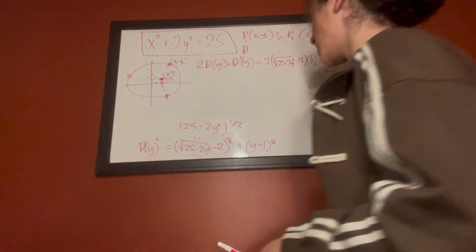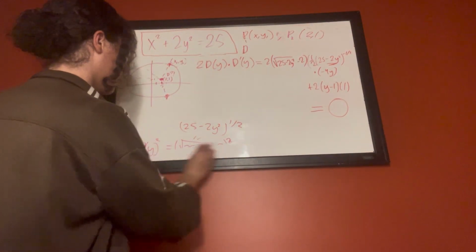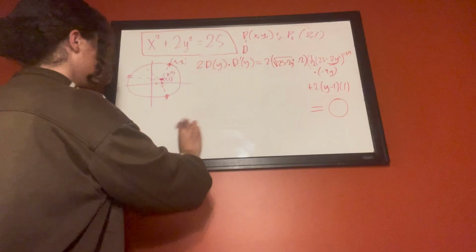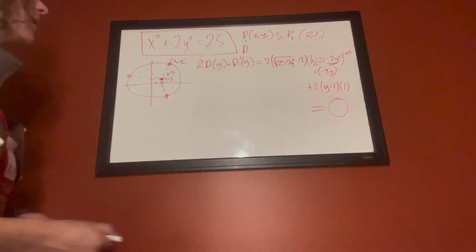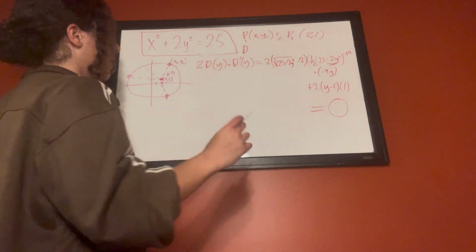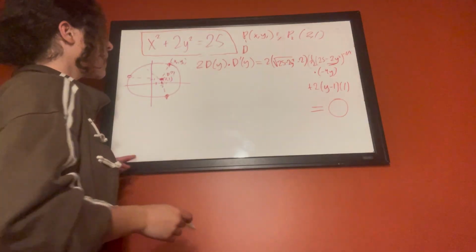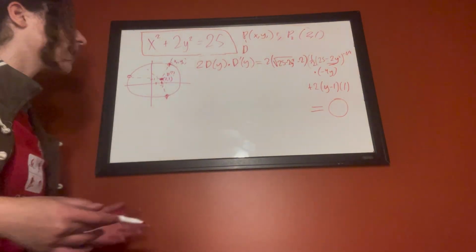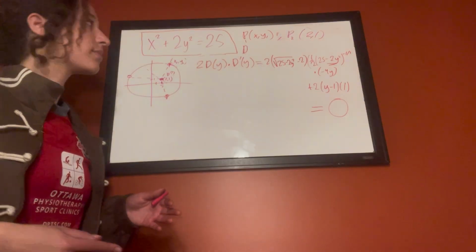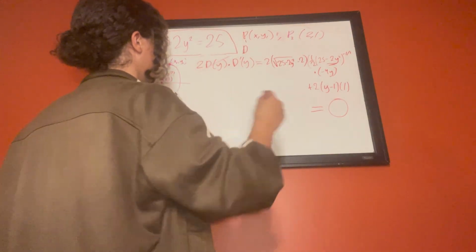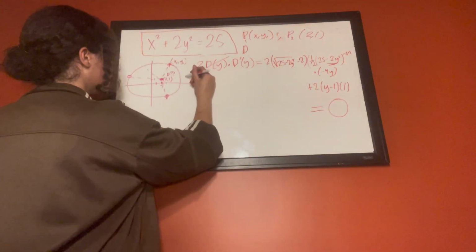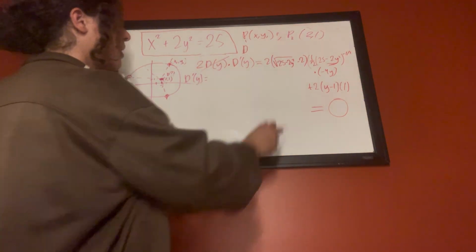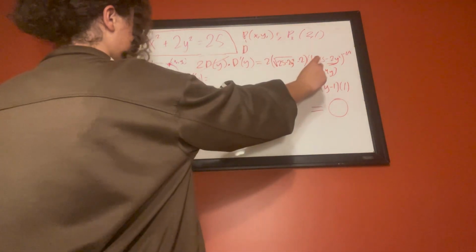So now we can simplify this up here. And the first step is simplifying this. Well, since I'm setting this all equal to 0, I can divide both sides by 2d of y, right? If I divide both sides by it, it just cancels. So goodbye. And now it's a lot simpler. I have d prime of y is equal to, so I have 2 times a 1 on 2.